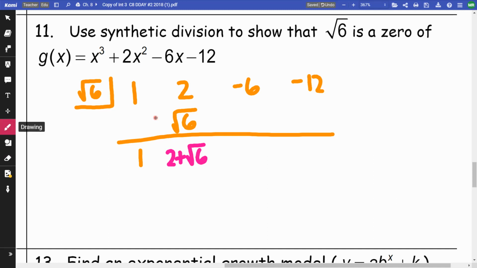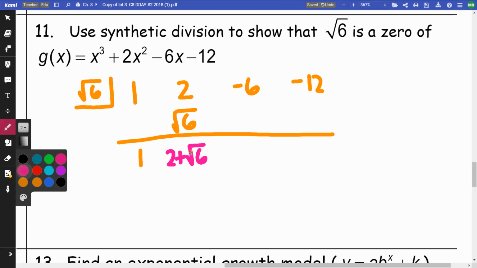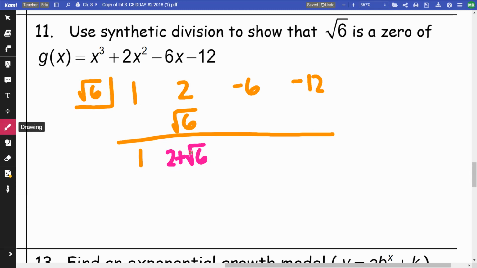Okay, so when I multiply this together, my 2 times root 6 is a 2 root 6, and root 6 times root 6 is a 6. So I'm going to get a 2 root 6 plus 6. Again, 2 times root 6 is 2 root 6.